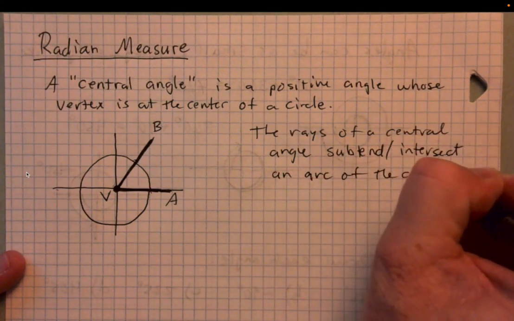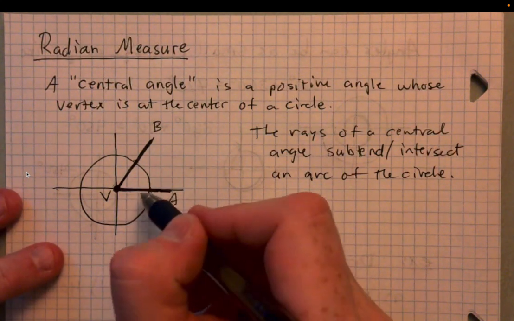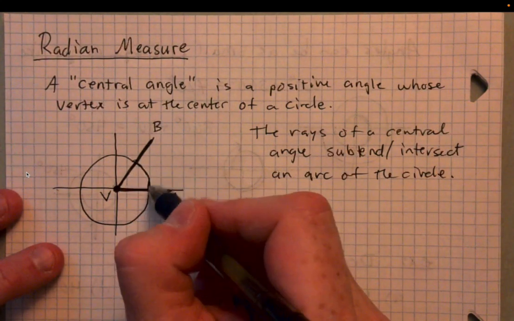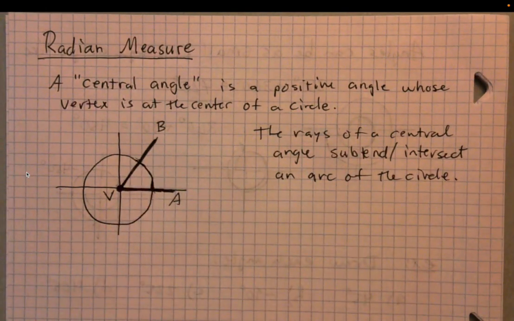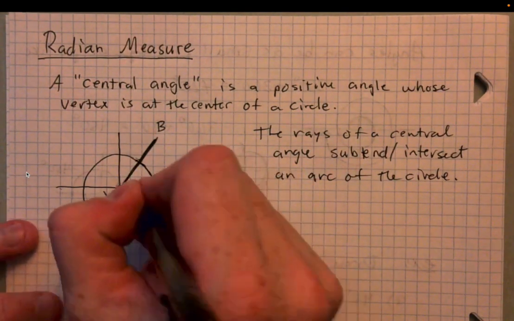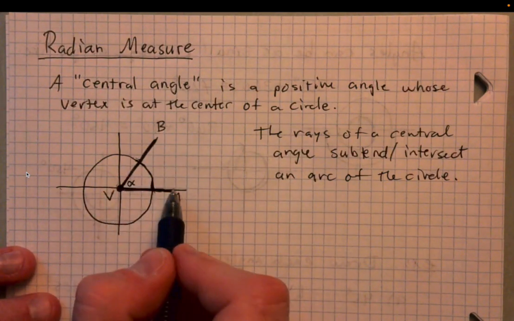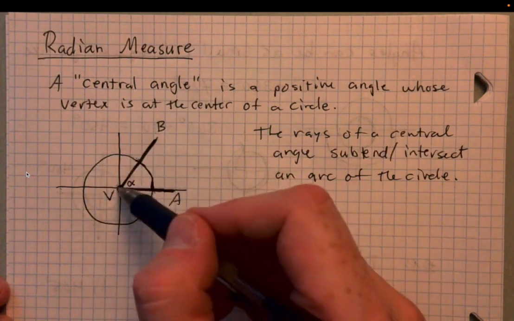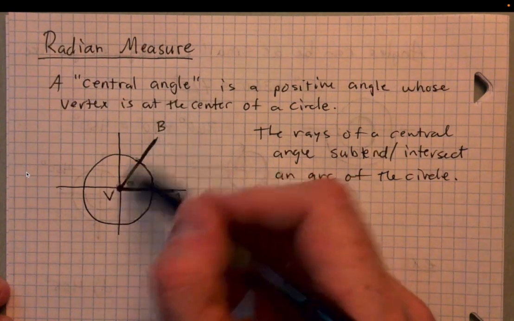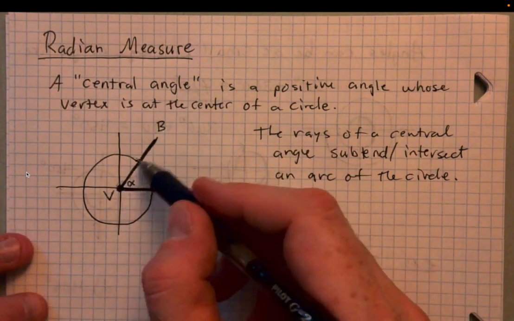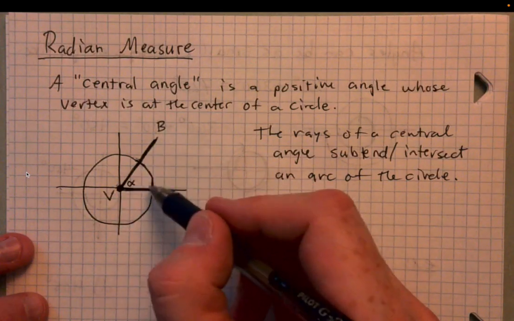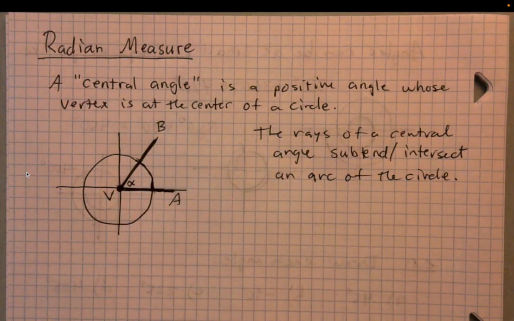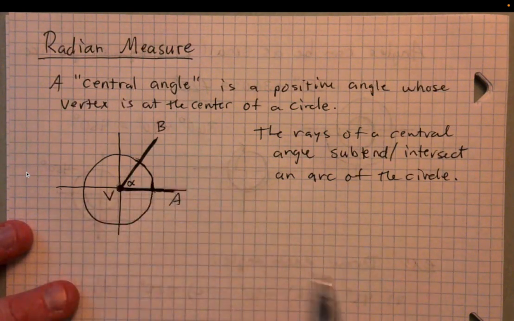Right, and so what that means is they'll mark off this arc. Remember, to have an angle, you have to have rays. You've got the first ray here, which is A, and the second ray here, which is B. They're a central angle, so there's a circle whose center is the vertex of the angle, right in the center of the circle. The rays of the angle are going to intersect the circle. All right, so let's say that the radius of the circle is r.